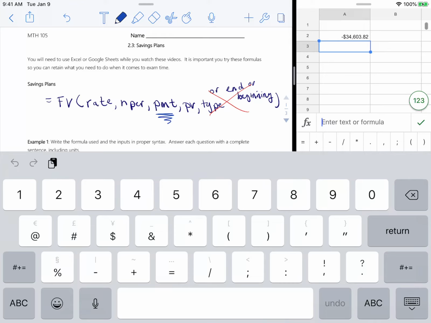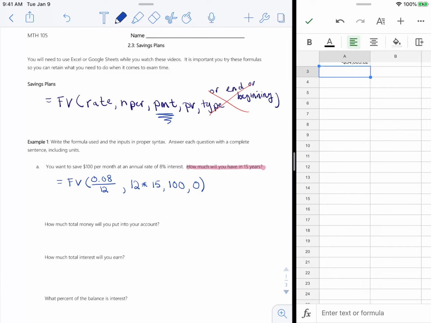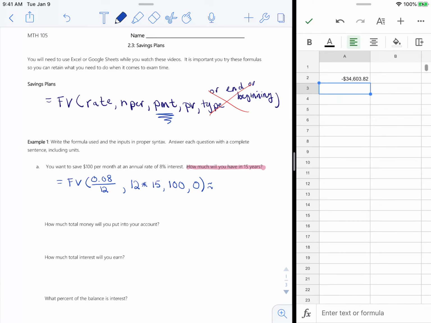And I end up getting $34,603.82. So make sure you give yourself units. So I will have $34,603.82 after 15 years.